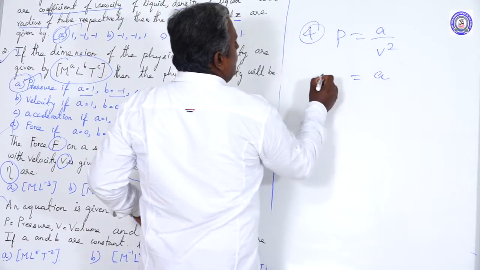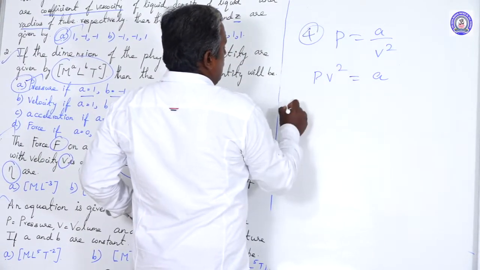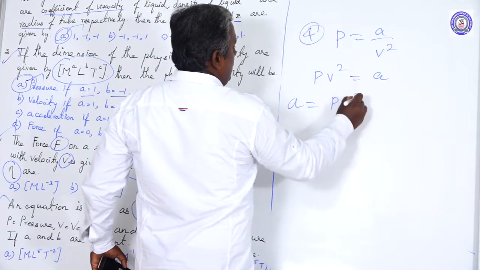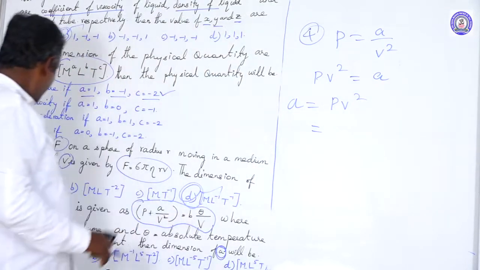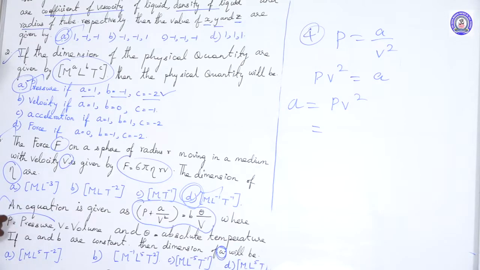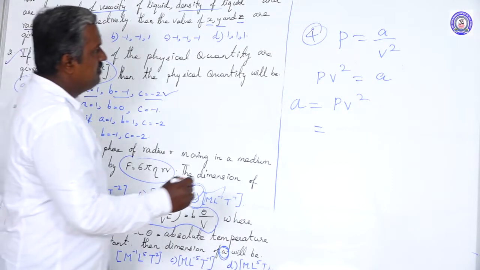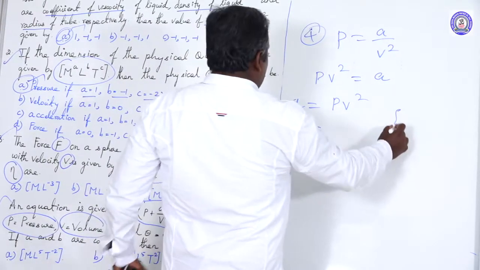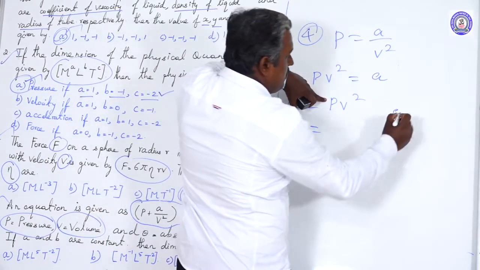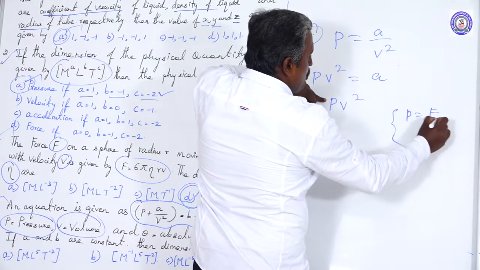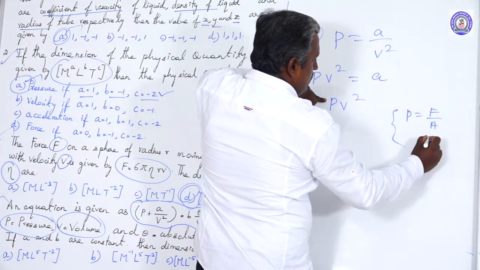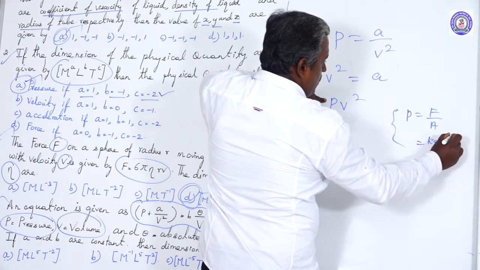So A is equal to P V square. What is P? Pressure. V, volume. Dimensional form of pressure, how will you write? Pressure is equal to force by area. Unit for force, kilogram meter per second square.